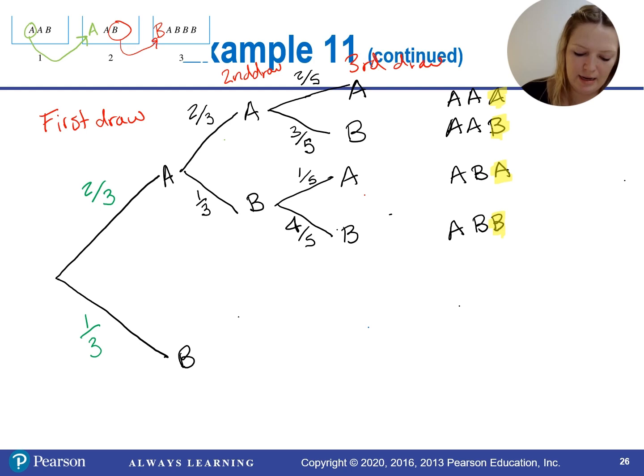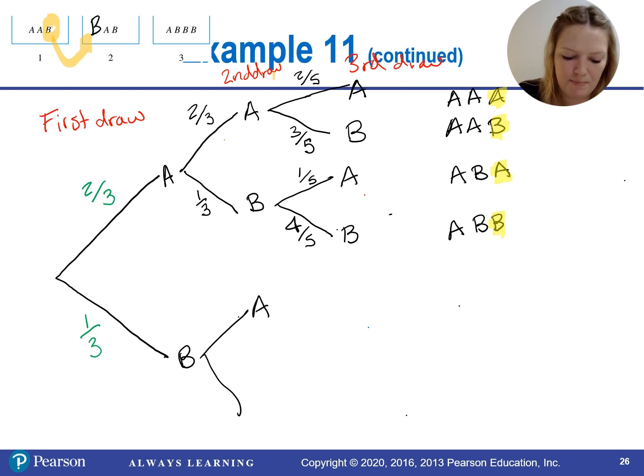Okay, so we can again go back to our original draw and say, all right, well, let's say instead I draw a B. That means that my second draw, I could get an A or a B, but the probability of getting an A is 1/3, and the probability of getting a B is 2/3 now in the second draw.